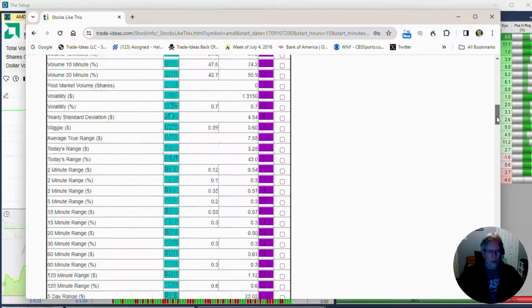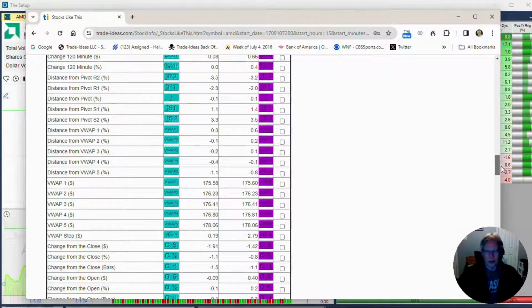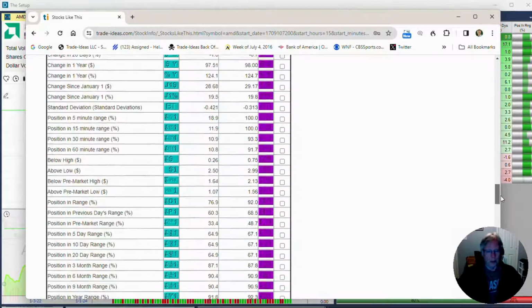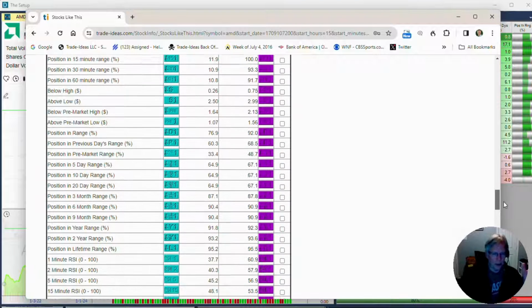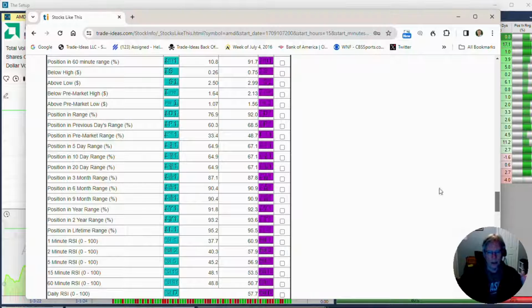What I like to look for when I'm creating these scans is position in range, particularly the position in a 5-day range, a 10-day range, a 20-day range. I can go in here and see this minimum and maximum column. It'll tell you in that last 5 minute segment what the range was of these different areas, like the 5-day range.